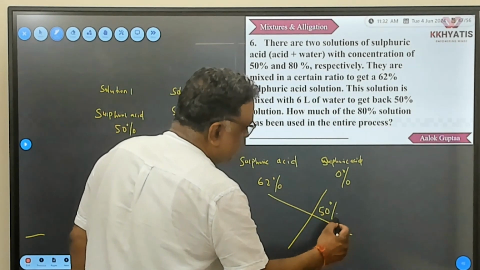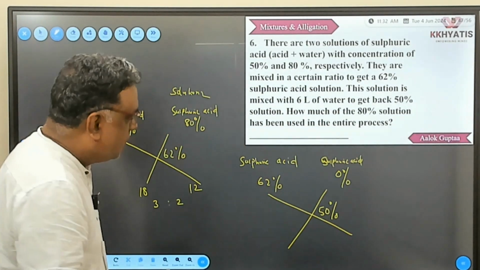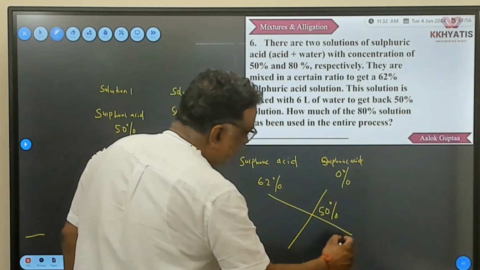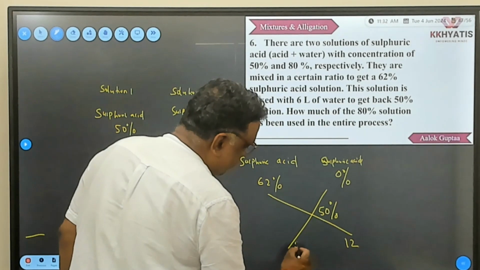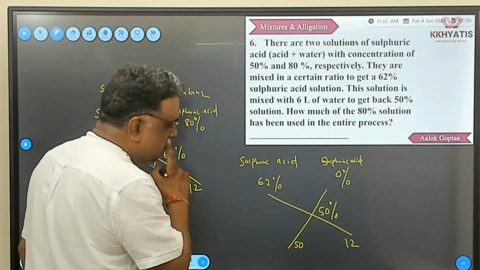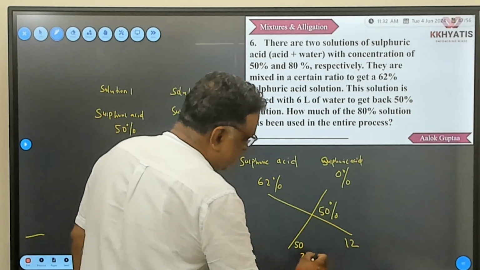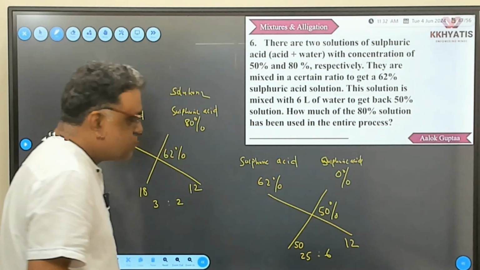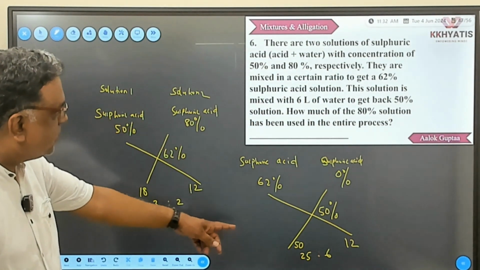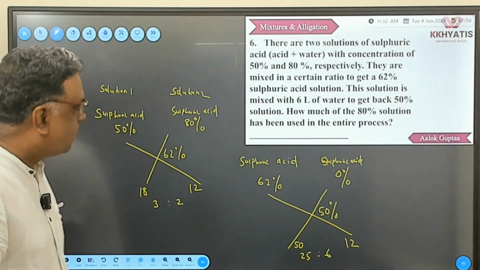Correct? This is what is in the second scenario. So this will be 12 and this will be 50. So I got that in the ratio 25:6.